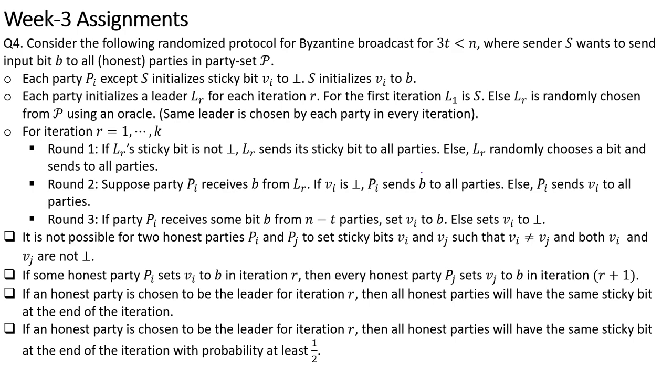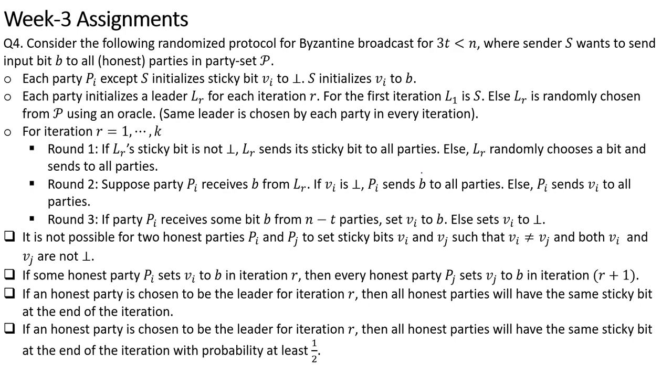So it is asking whether the protocol satisfies almost consistency or not. Almost consistency says that if some honest Pi has a bit Vi, then no other honest party should have Vi complement as the output. So either they will have Vi only or they will have bot, right?